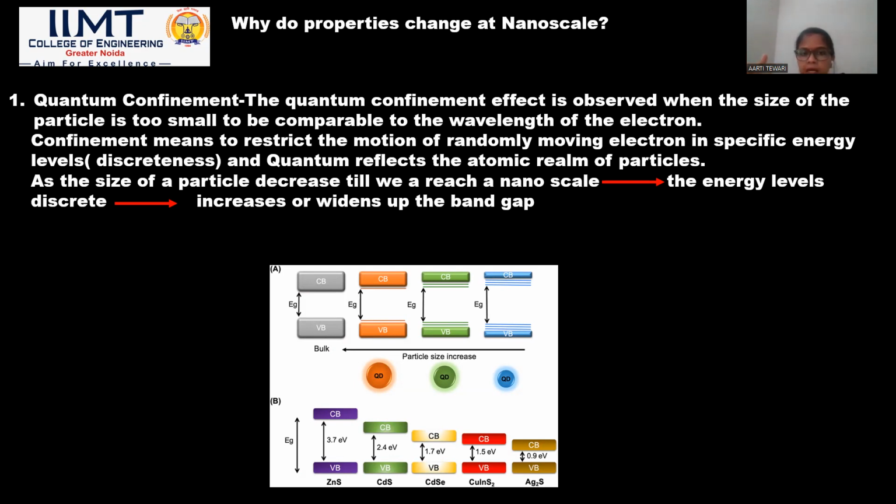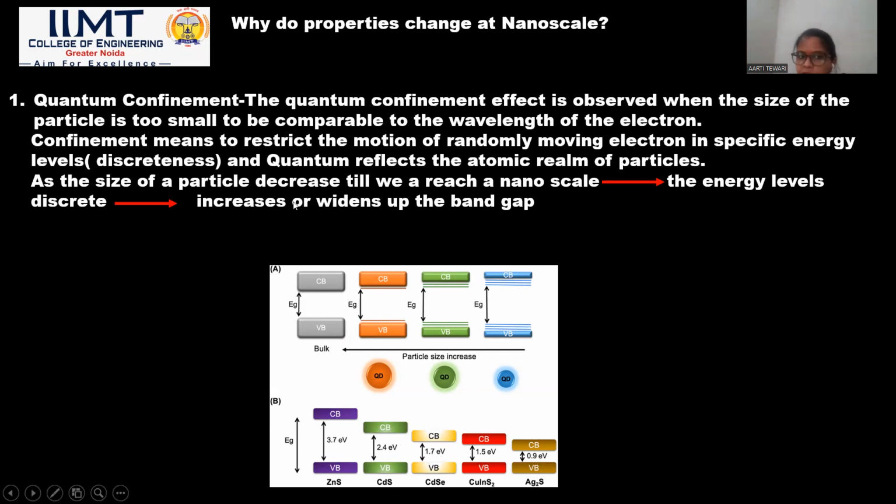So when you are taking the particle and you're confining its motion to the atomic scale, that is what is quantum confinement. But what happens when you restrict the motion at atomic scale is that the continuous level of energy, the continuous band that you get, actually changes to discrete bands of energy.